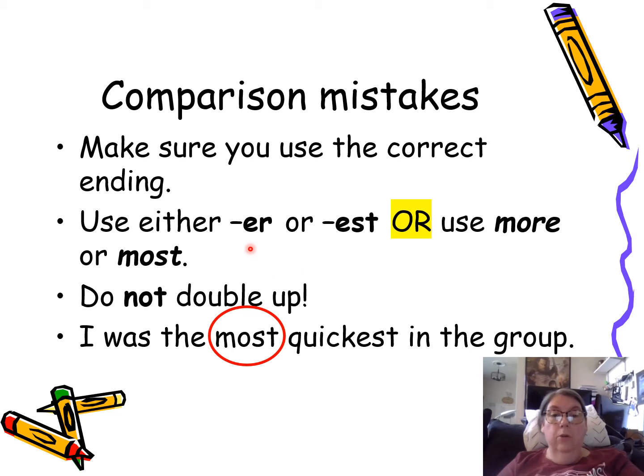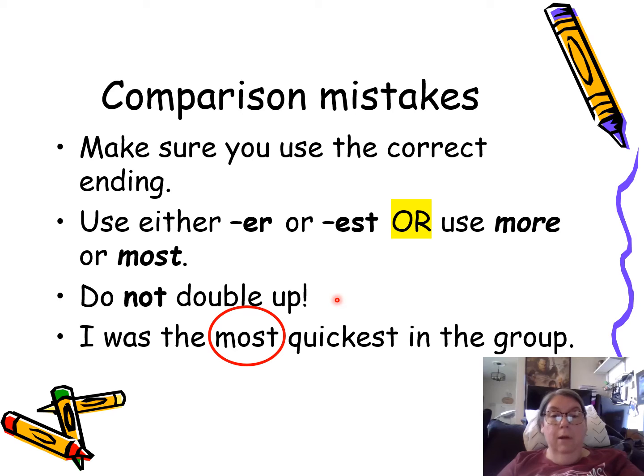So either use er or est, er for two things, there are two letters, or est for three or more things or all things, or use the word more or most or less or least if the word has an ending, like beautiful. I wouldn't say beautifuler or beautifulest, it would be more beautiful or most beautiful.